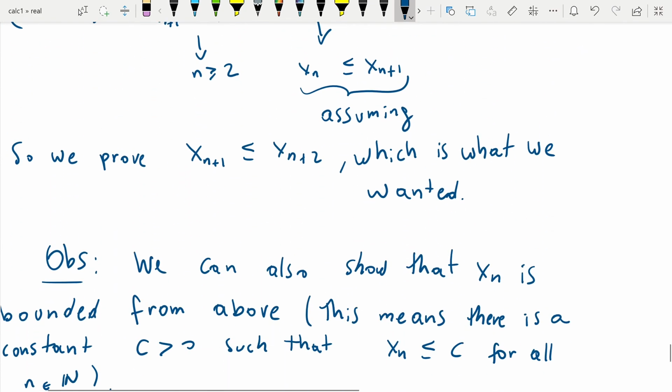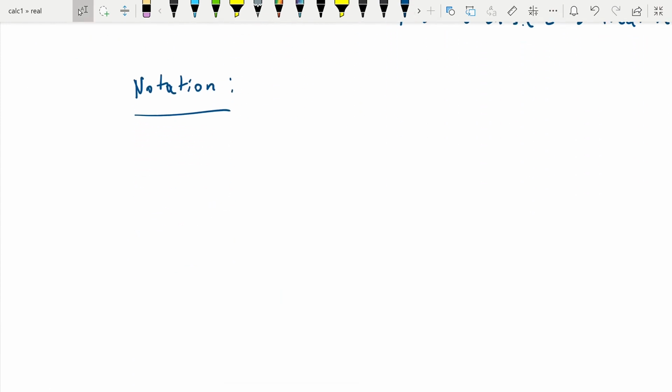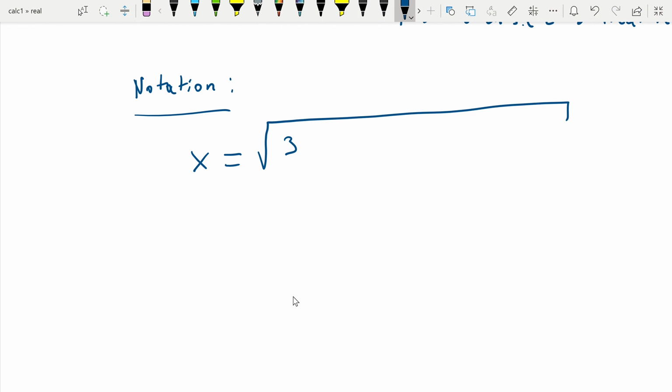Okay, so if we iterate this, we get that x, which is the limit of this expression, is equal to the square root of 3 plus the square root of 3 plus the square root of 3, etc. Which is an expression that you may be familiar with from Calc 1 or from some recreational math books.